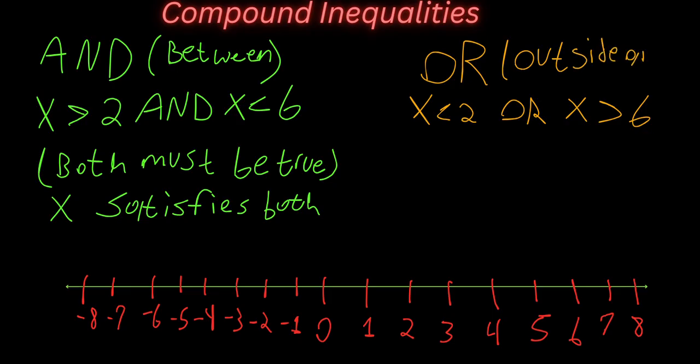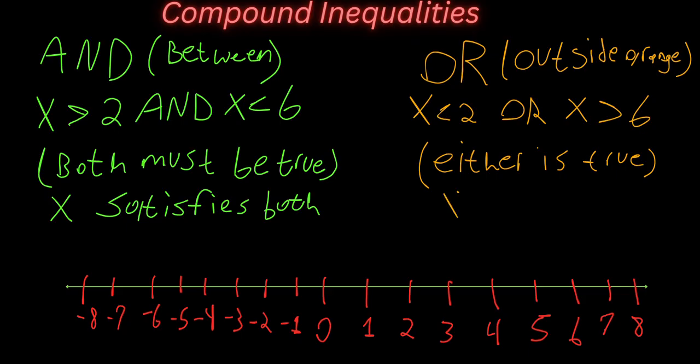We're given a range, and x can satisfy either of them. Either is true. In other words, x satisfies either.